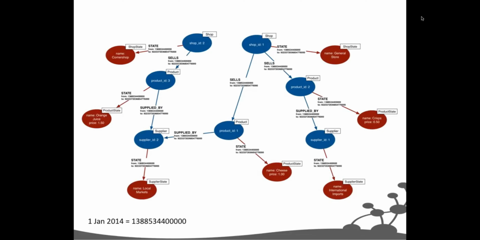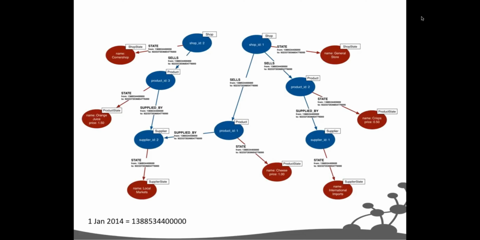Okay, so the name of that shop was Corner Shop, it's a little corner shop, and it's valid from the 1st of January until, well, there's no upper bound. Effectively, I've got a magic number here, this is max long, to represent the fact that this is almost an open time period that extends from the 1st of January 2014, and we haven't effectively closed that time period off at this particular point in time.